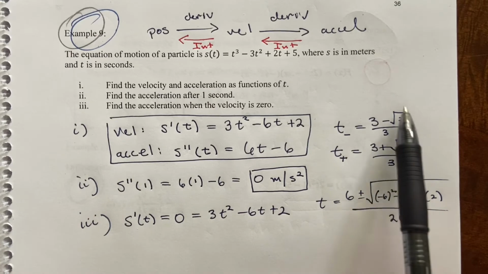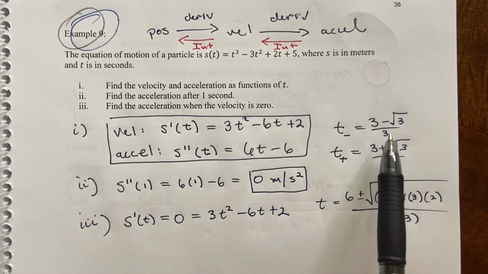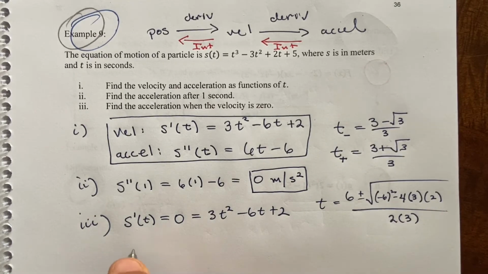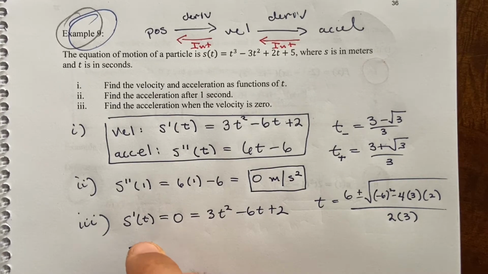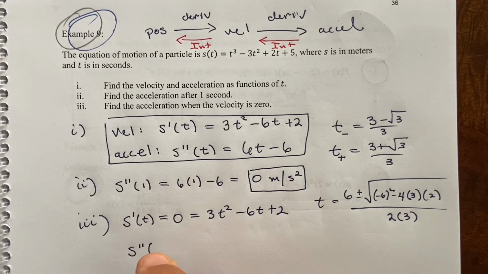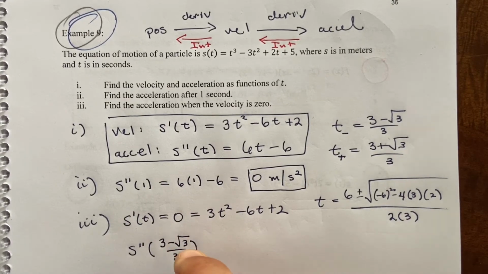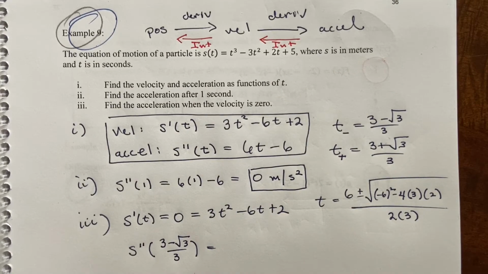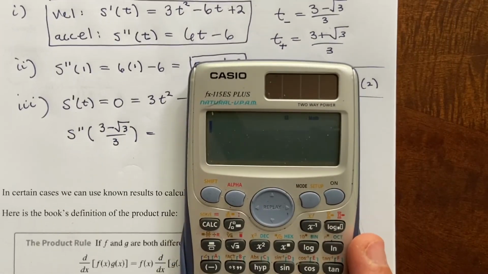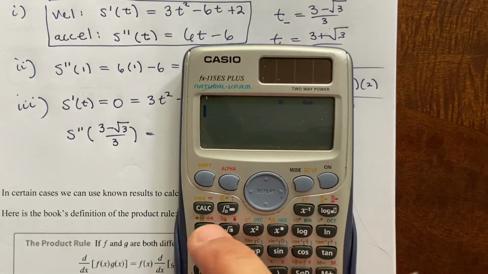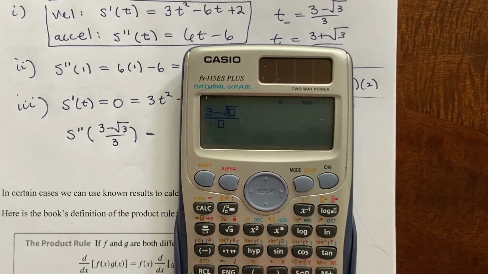So I need to evaluate the acceleration function now at these two times. So I'll have s double prime of 3 minus root 3 over 3. So this will be the t minus one. Okay, let me type that back in.